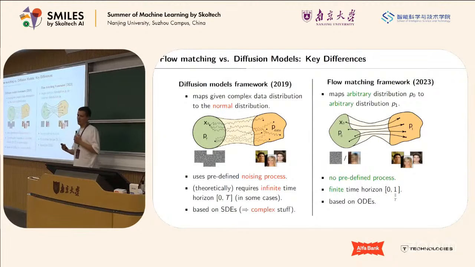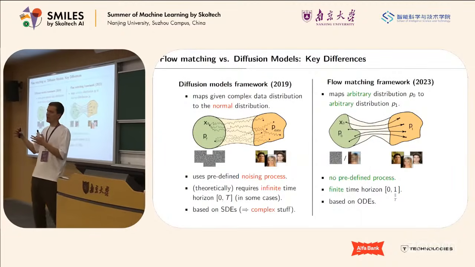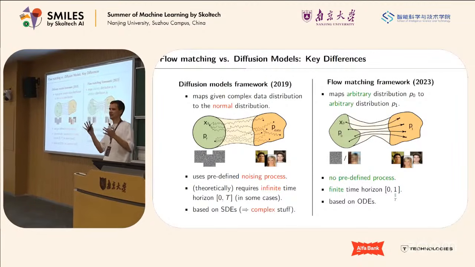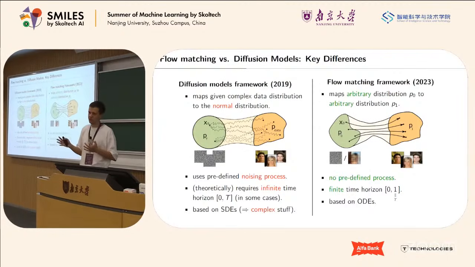So before discussing this, I should say that actually both diffusion models and flow matching that we are going to discuss today are part of the same more general concept, which is called stochastic interpolants. We are not going to discuss this today, but if you are interested, you may just Google for some related papers.